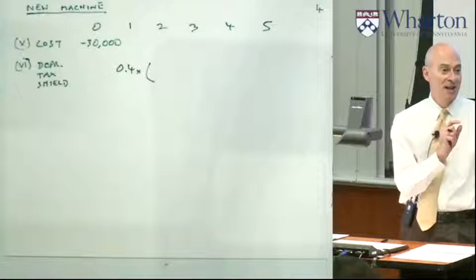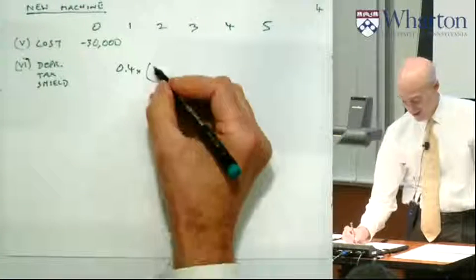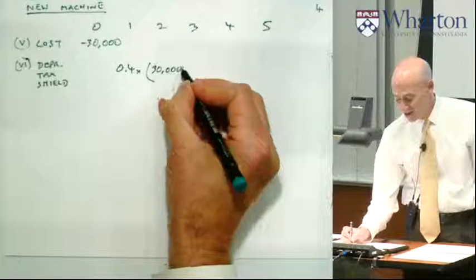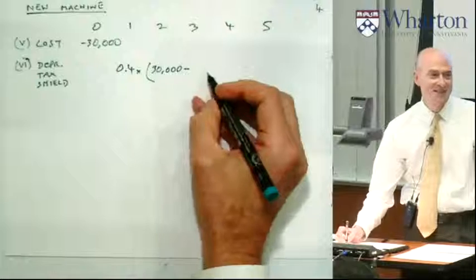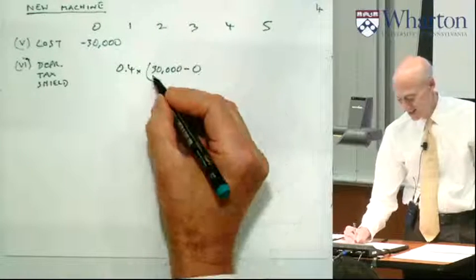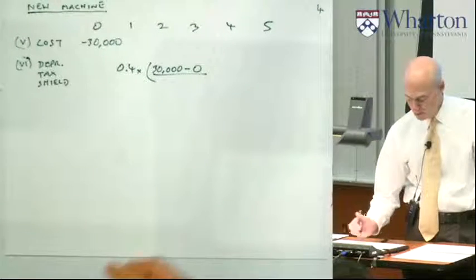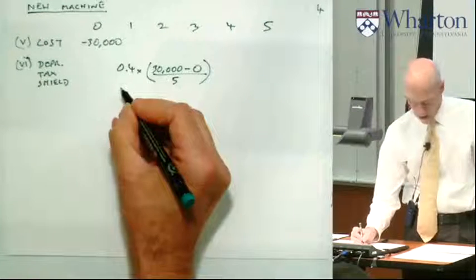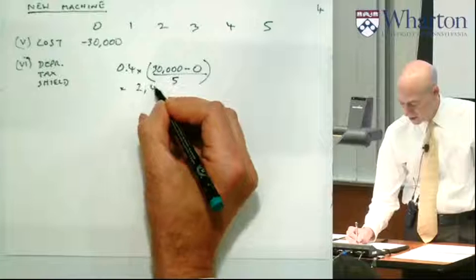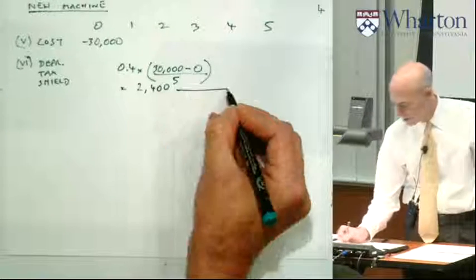How do we calculate it? We take the 30,000, we subtract the salvage value, which in this case is 0. We then divide by the number of years, which is 5. And if you work it out, it's 2,400.